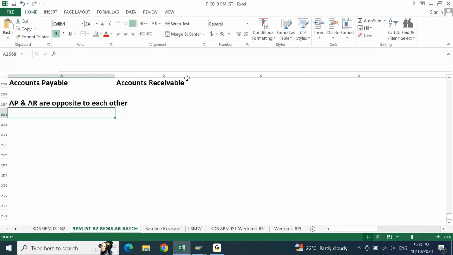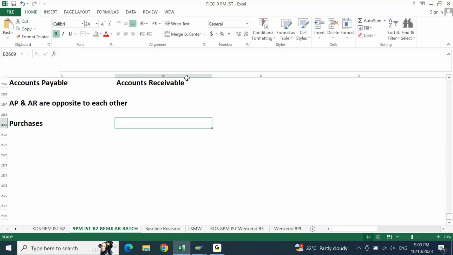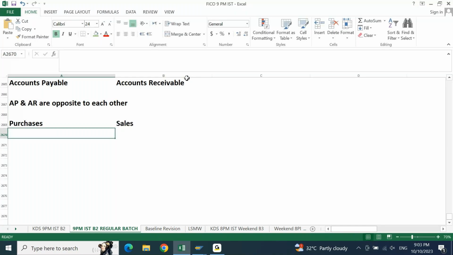Once you understand the basic fundamentals of accounts payable, it is quite easy to understand accounts receivable. Automatically you will know what AR is, because you already know what AP is. It is just that we need to list out points in a sequential, logical order, which we will do.